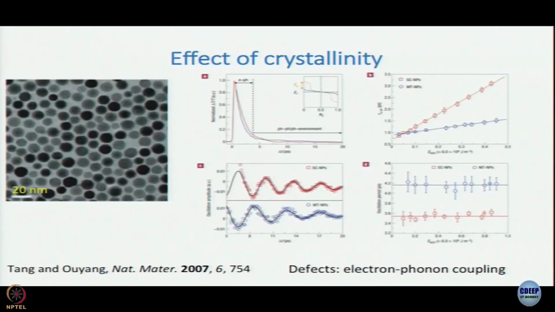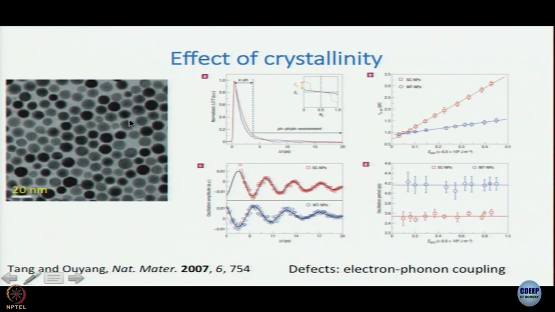Another rather interesting work that has been done more recently is on how the dynamics are affected by how good a crystal you prepare. This is PNAS 2007. Here you see the TEM image.